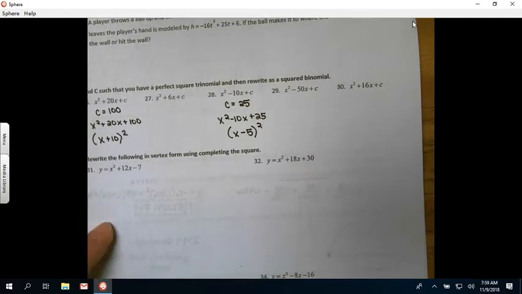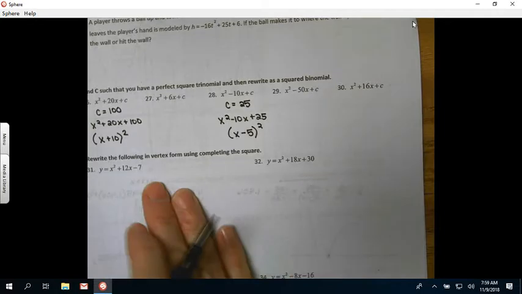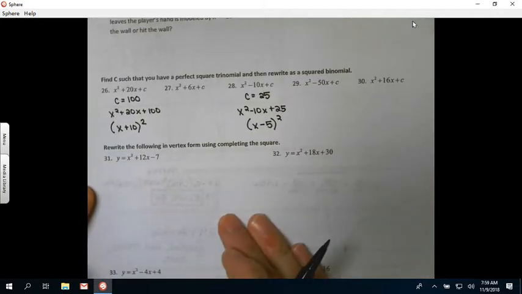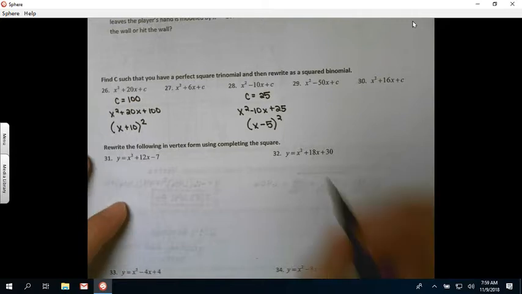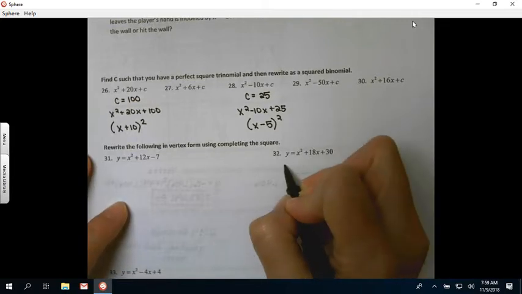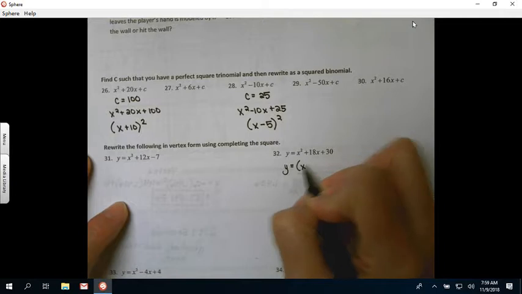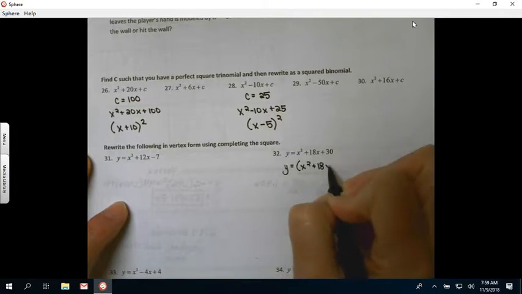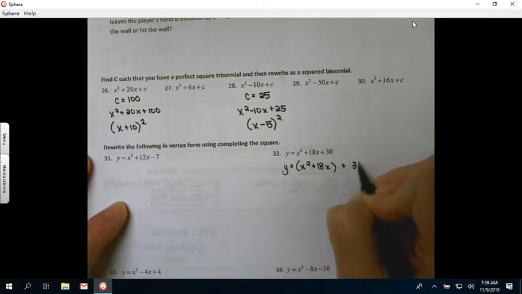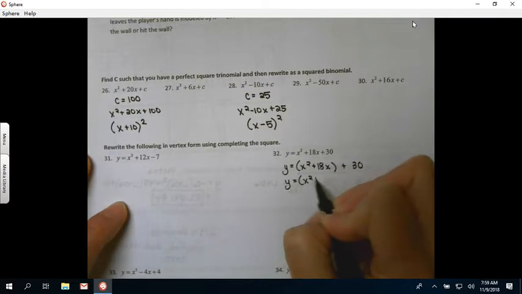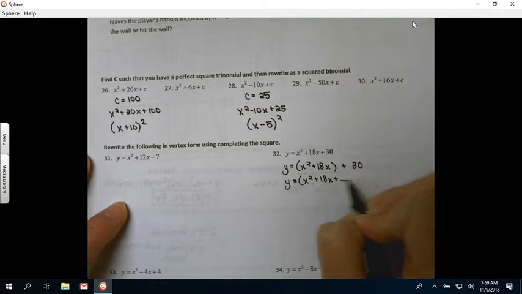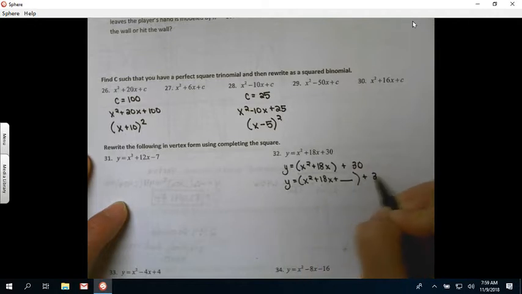Alright, these are completing the square, so it's changing standard form into vertex form by completing the square. So I'm going to choose this one right here. First thing I'm going to do is group my x's together, and I'm going to leave that number that doesn't make it a perfect square on the outside. What I want to do is figure out what value of C makes this a perfect square.